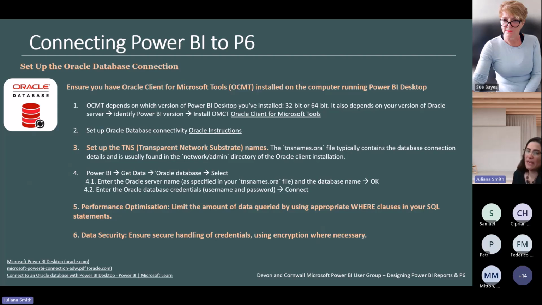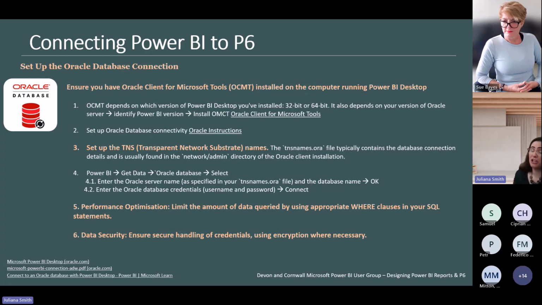Microsoft Power BI Desktop uses unmanaged Oracle data provider for data access, and you can configure Microsoft Power BI Desktop to access on-premise database and both dedicated and serverless ADB. So this is when we are connecting Power BI to an Oracle database. First we need to install the Oracle Client for Microsoft Tools, so OCMT, and set up a TNS, which is a transparent network substrate name.